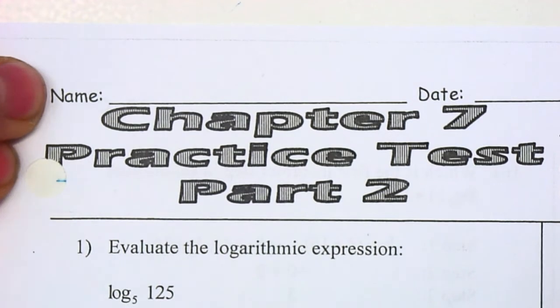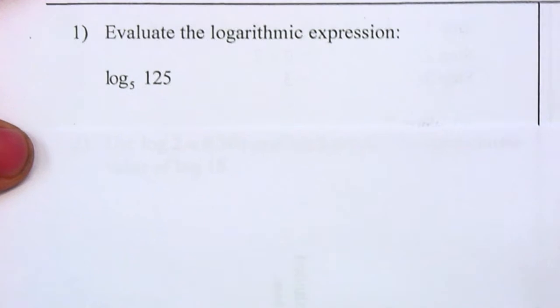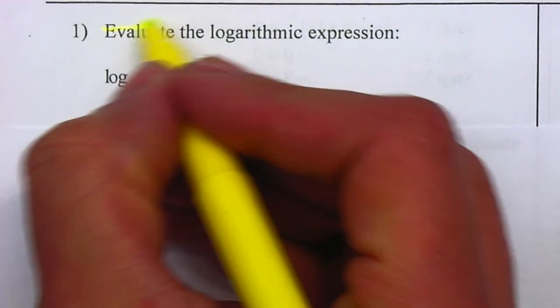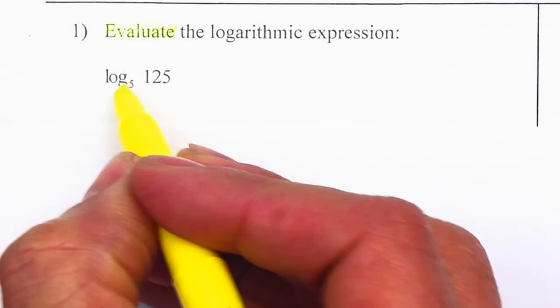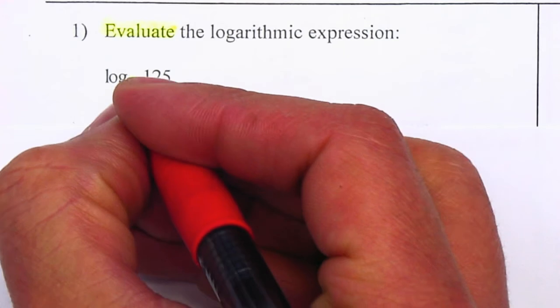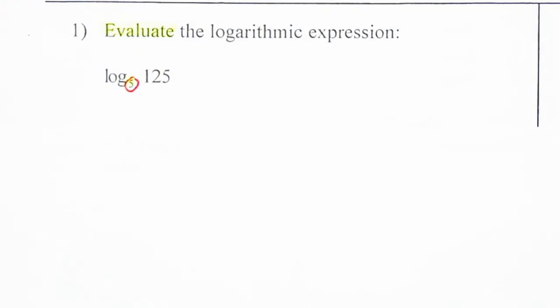Let's go over problem number 1. It says, evaluate the logarithm expression. So we need to be able to evaluate it. You guys notice the base is 5. It is log base 5 of 125.